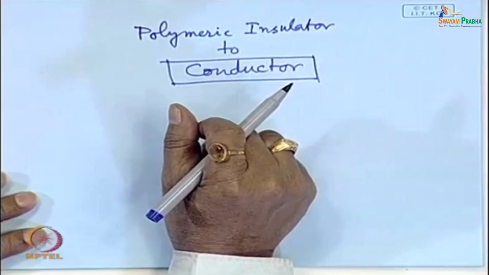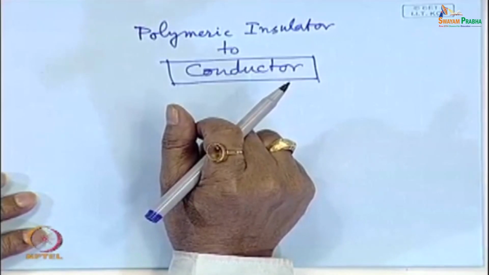Polymers are organic molecules made of carbon, hydrogen, nitrogen, oxygen, with covalent bonds. Now, materials with covalent bonds are not supposed to be electrically conducting, because there is no availability of free electrons. So, these are not conductors.